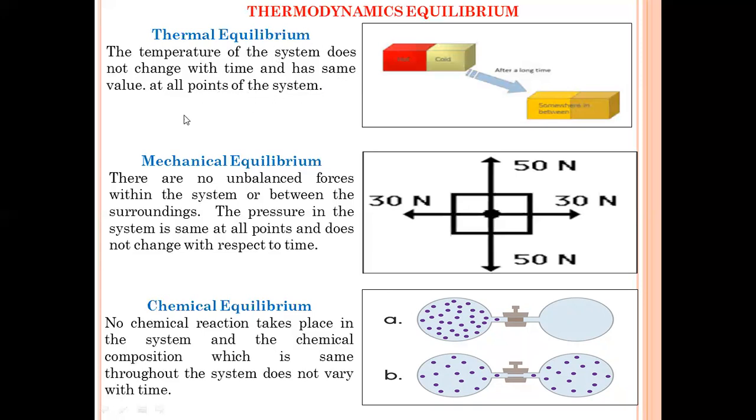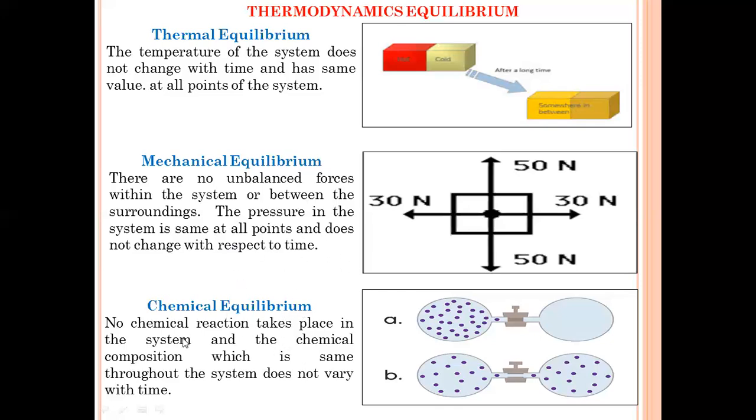Then the system is in thermal equilibrium. Mechanical equilibrium: there are no unbalanced forces within the system or between the system and the surrounding. The pressure in the system is the same at all points and does not change with respect to time. Then the system is in mechanical equilibrium.